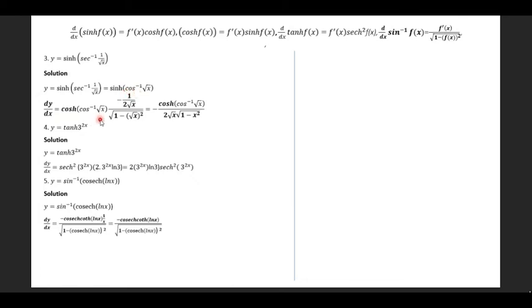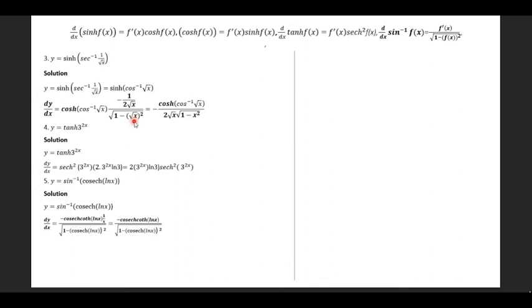And then again, multiply by the derivative of what is inside. In the denominator, we had 1 minus square root of x all squared. And on top, because we were dealing with the inverse trigonometric ratios, will be the derivative of what you are squaring.